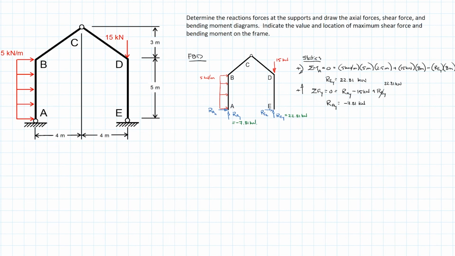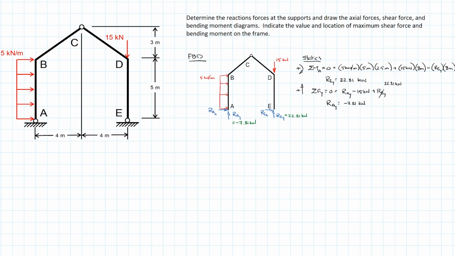So at that point in time, we're kind of stuck. Sum of the forces in the x direction isn't going to be sufficient for us to resolve RAX and REX. We are short an equation, and so we're going to have to take advantage of that hinge that we talked about earlier to resolve the next set.